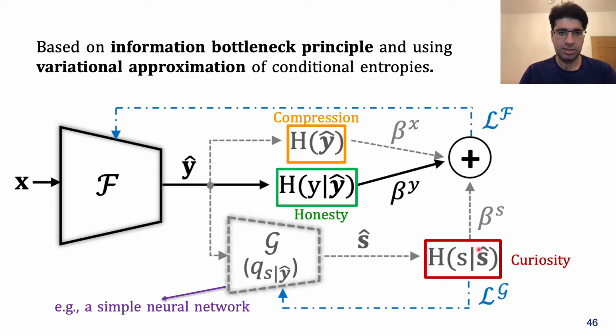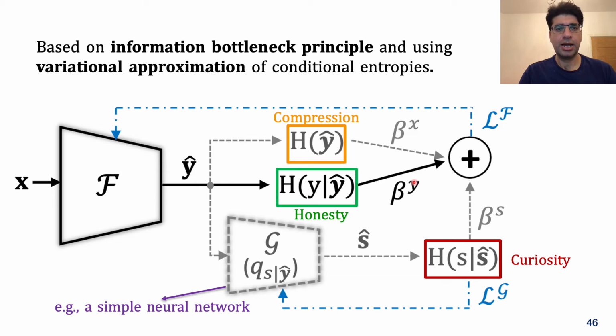We combine the loss function defined for this parameterized model with the loss function that is defined for the target attribute, for example, cross entropy loss function for the target attribute.